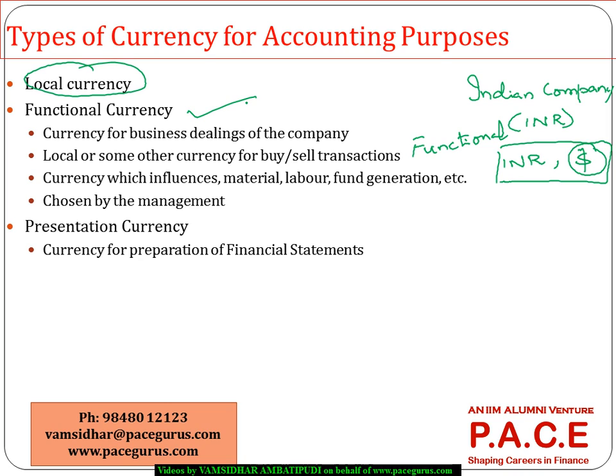So generally, if a company, for all its transaction purposes, even for wages to employees or for material buying, is to a large extent using one particular currency, we call that currency the functional currency. And which currency to use as the functional currency is completely determined by the management of that particular company.